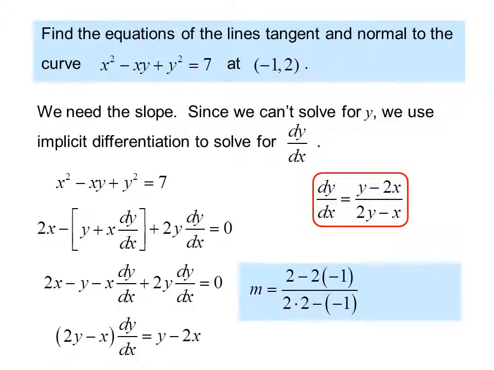So the slope is m equals (2 minus 2 times -1) over (2 times 2 minus -1), which we got by putting in the values for x and y. Simplifying, we get the slope is 4/5.